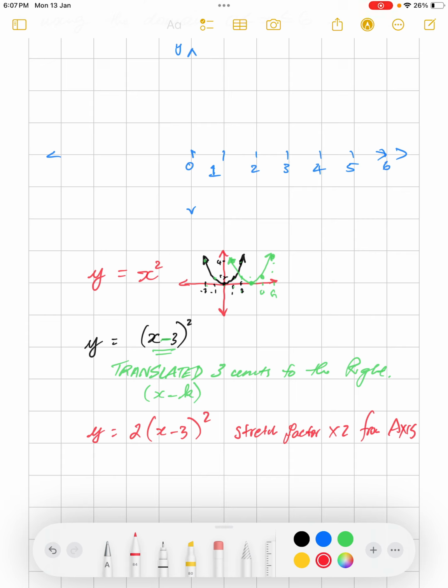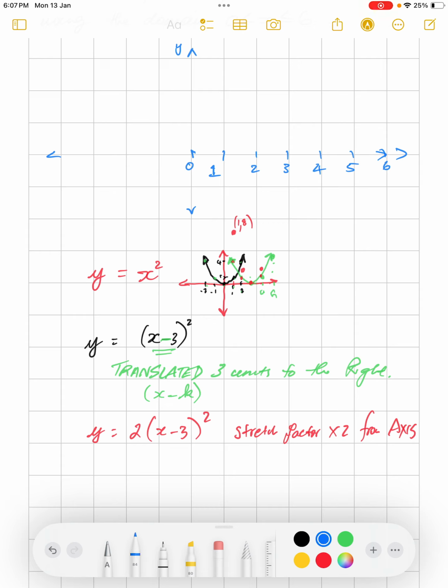So instead of going up to 1, it's doubling, it's going up to 2. Instead of going up to 4, it's doubling, and it's going up to 8. Instead of 0, 0, and instead of going up to 1, it doubles up to 2. Now, if there was a negative value, it would stretch it down, but we don't have that situation. So we've got our new graph.